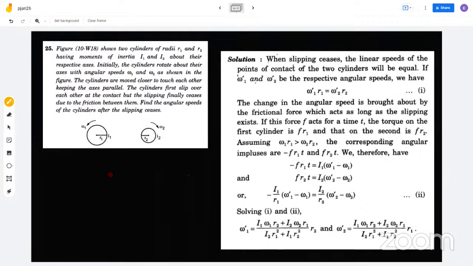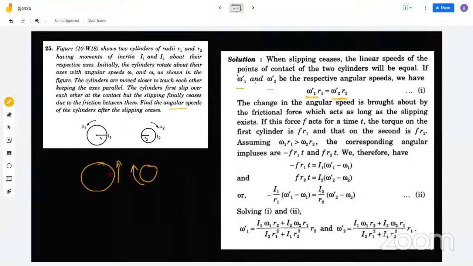Guys, इसमें जो है how did they calculate कि find the angular speeds के लिए उसके लिए क्या किया? Omega 1 dash and omega 2 dash is the final angular speed, and when the final angular speeds are there, there will be no friction. Friction बंद हो जाएगा, मतलब there will be no slipping, so kinetic friction बंद हो जाएगा. So that means relative velocity zero. Relative velocity zero मतलब इसकी जो final velocity इस side and इसका इस side जो है.